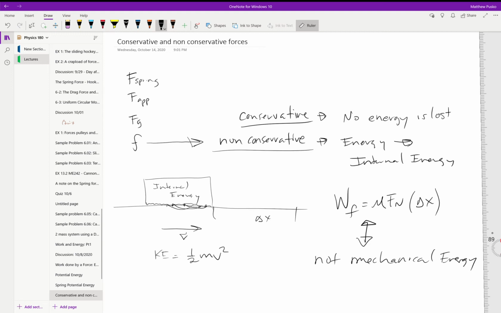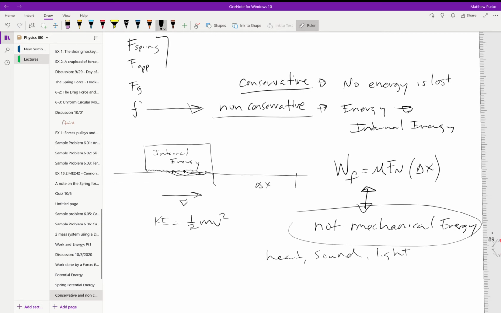The energy is basically lost in terms of mechanical energy, but it's really turned into something else. It's turned into heat, it's turned into sound, it's turned into light. All of those things represented by basically vibrations in the atoms.